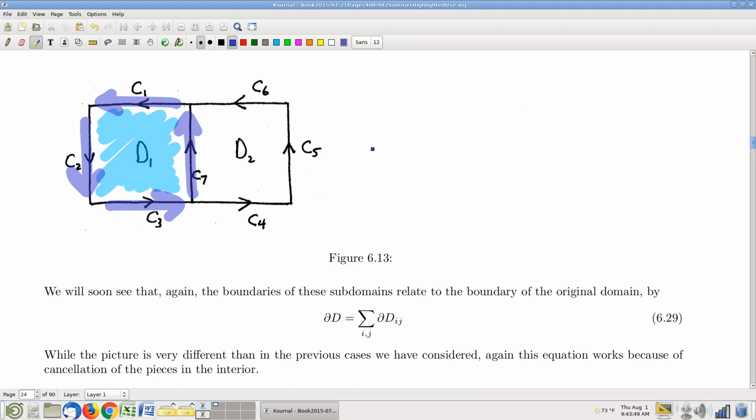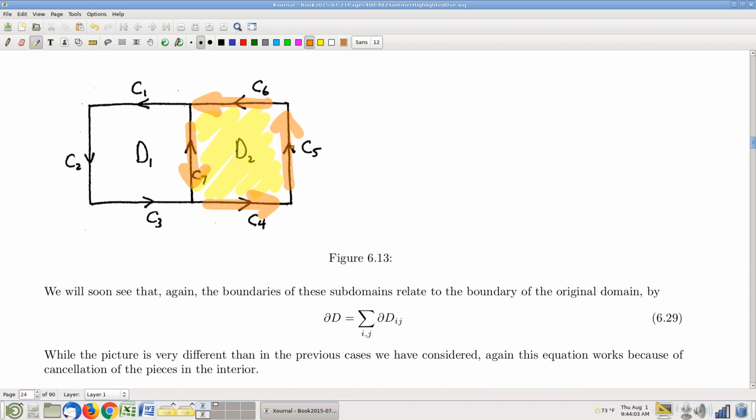Okay, now let's look at this piece over here. Let's talk about its boundary. Well, counterclockwise. Always going so that the region is on your left. So there's that boundary, and let's start adding up those pieces. What have we got here? Well, we've got C4 positive because it's going the same direction that C4 is going.